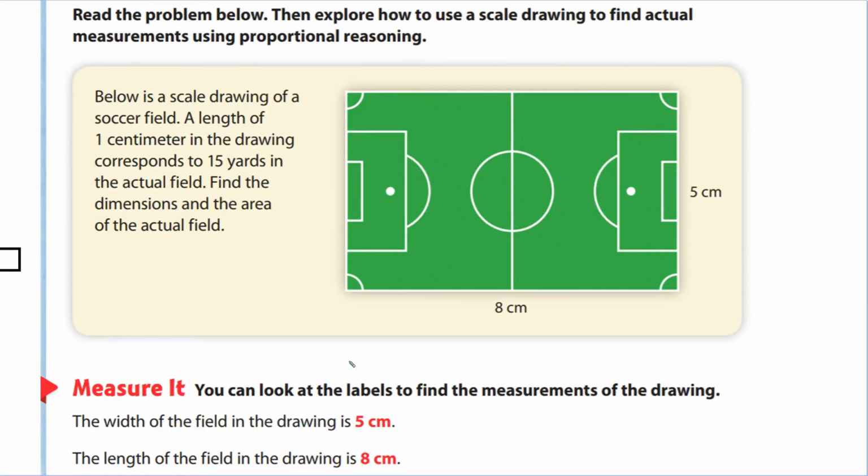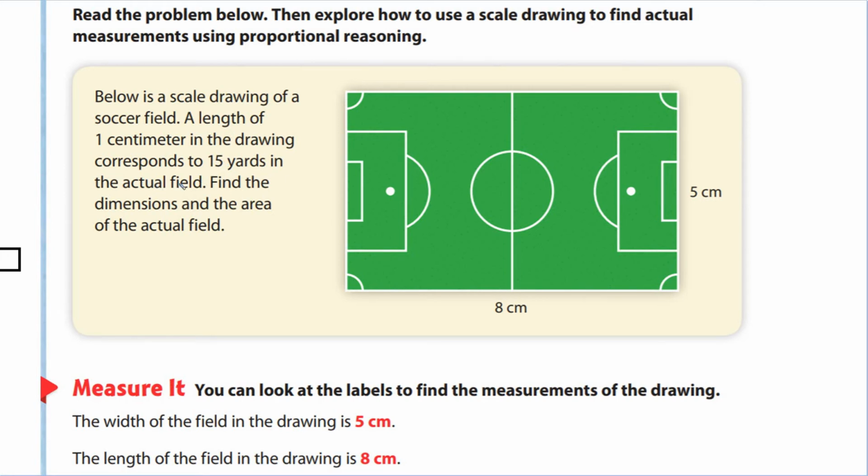Now let's solve this problem. Read the problem below, then explore how to use a scale drawing to find the actual measurements using proportional reasoning. Below is a scale drawing of a soccer field, as you can see. A length of 1 centimeter in the drawing corresponds to 15 yards in the actual field.